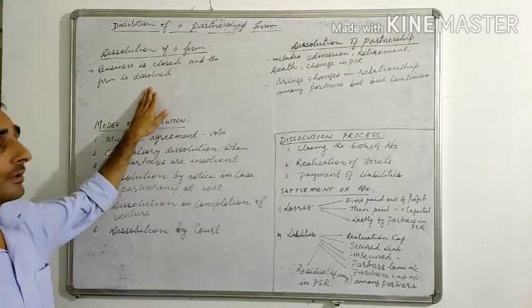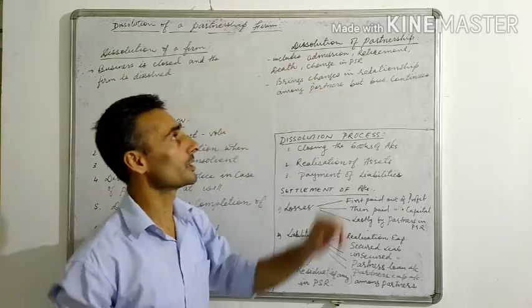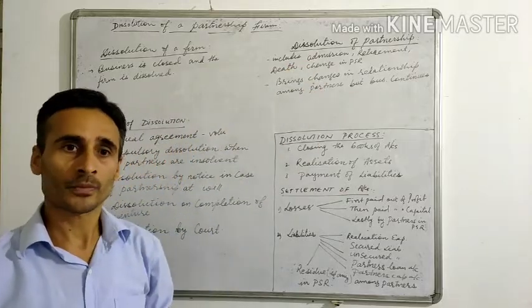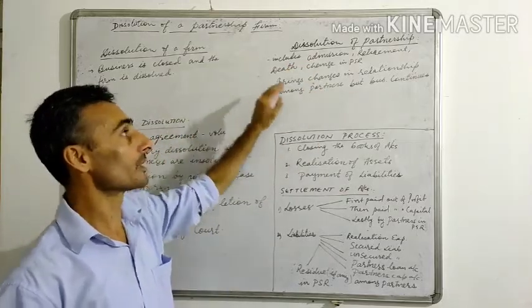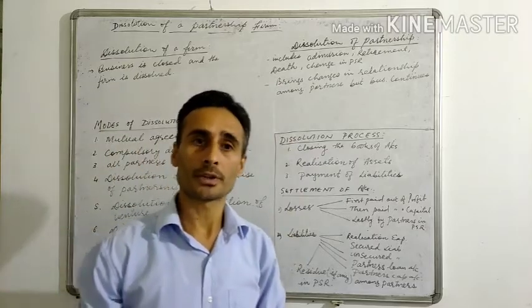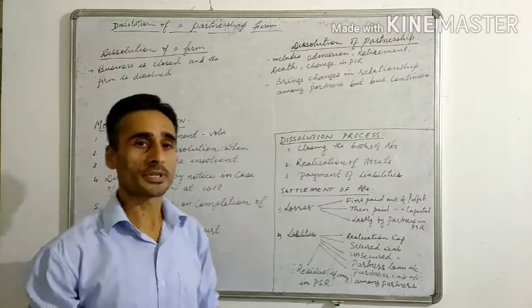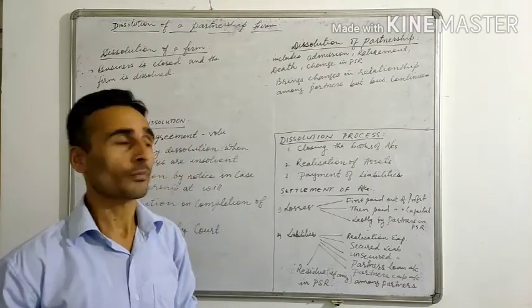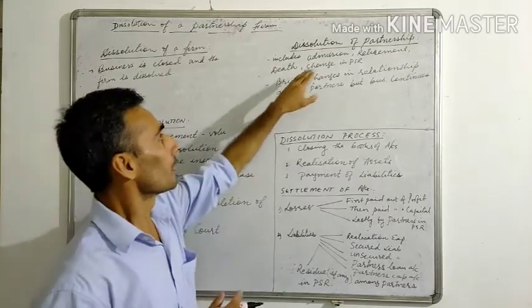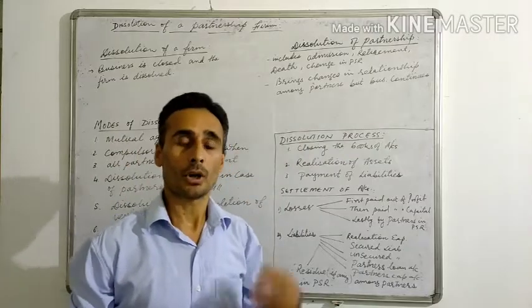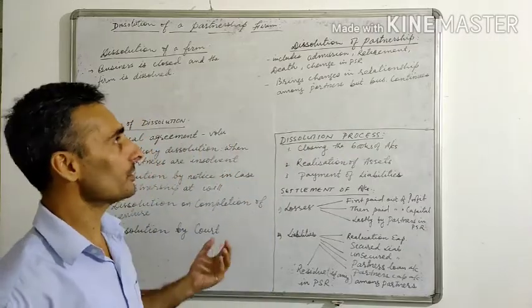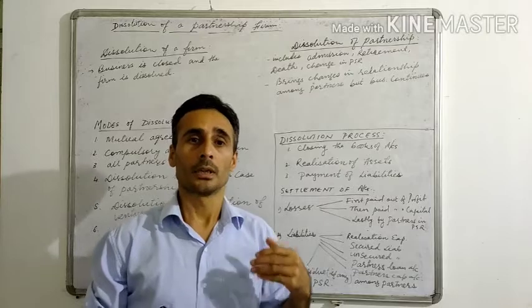But dissolution of firm should not be confused with the dissolution of partnership. Dissolution of partnership includes admission, retirement, death, and change in profit sharing ratio of the partners. Now, what have we seen in admission or retirement?